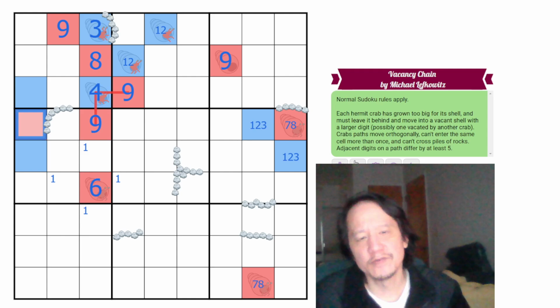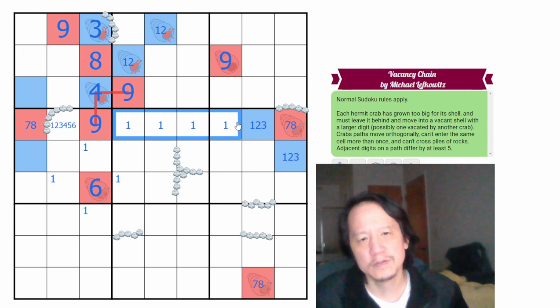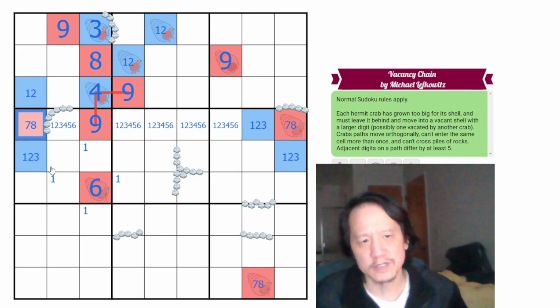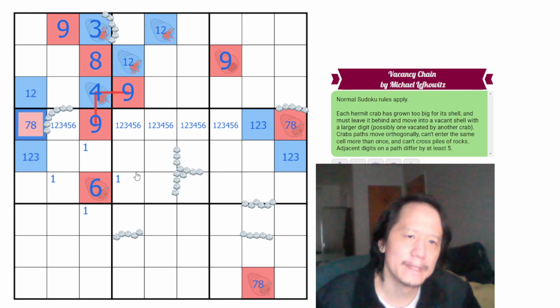This has to be 7 or 8. So the rest of them cannot be, it has to be 1 through 6. This has to be 1 or 2. This could be 1, 2, 3. Cannot be 4 because it has to be next to a 7 or 8.